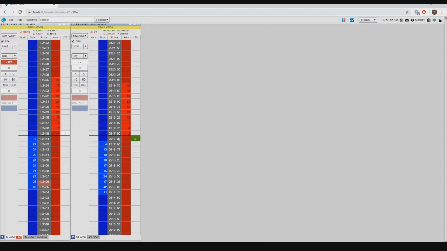Even just looking at the S&P right now, you can see the erratic price movements, albeit they're not large at the moment. We're only trading from 25.15 halves to 25.17 75. So it's not a huge movement, but it's the churn that we are having. We're trading up and down in a small range.